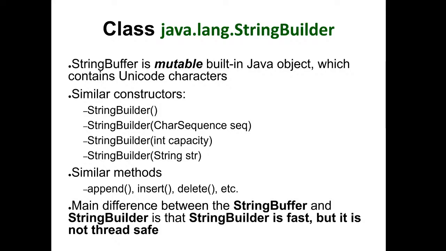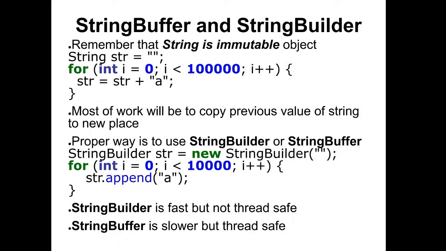Pretty straightforward. And another class is StringBuilder. It's quite the same, but there are some differences: StringBuilder is fast but not thread safe, and StringBuffer is slower but it is thread safe.